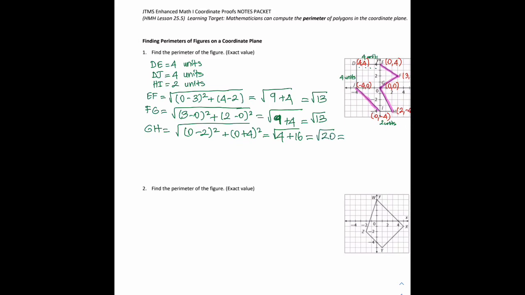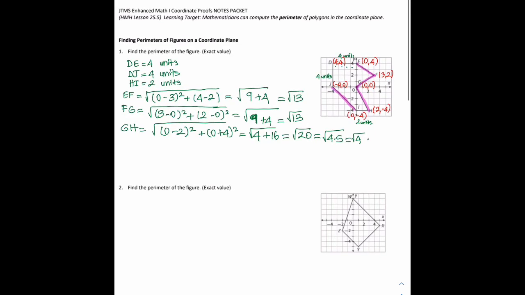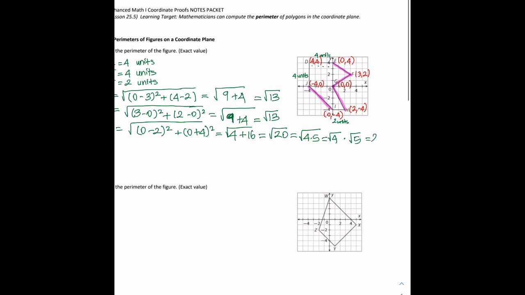I can write 20 as 4 times 5, and the square root of 4 would go outside the square root sign as 2. So you can rewrite it like this, 2 times the square root of 5, which will give you 2 square root of 5. So I can write the square root of 20 as 2 square root of 5.